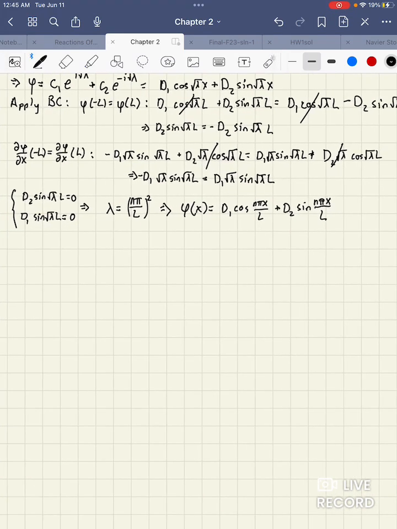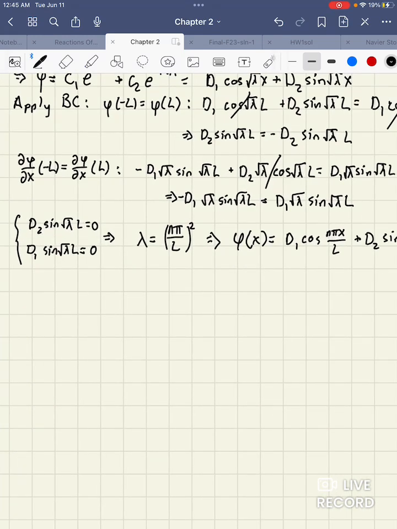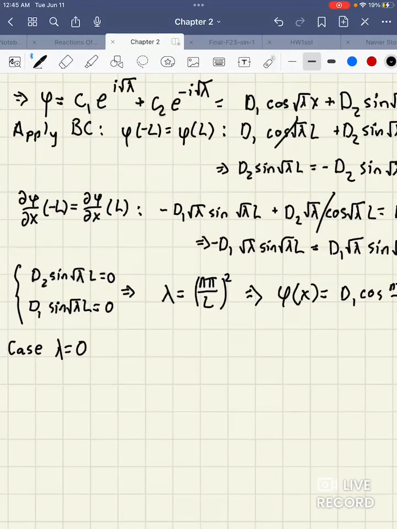So now let's look at the second eigenvalue, the case where our lambda is equal to 0. Now if our lambda is equal to 0, therefore my r is equal to 0.